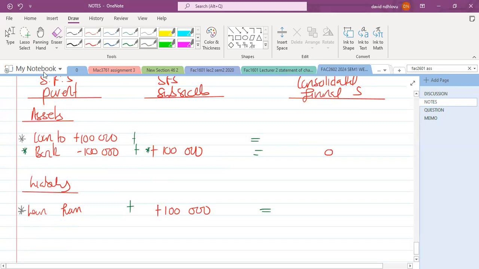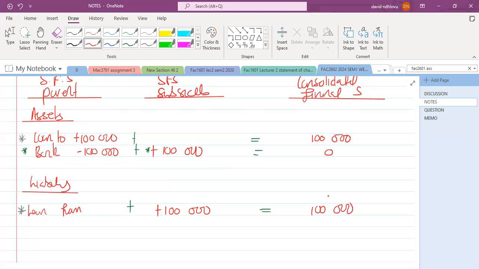Because if I just add here, I will then have 100,000 in the form of a loan to, and then I'll have also a loan from. We know that when we want to calculate the overall value of the entity, which is equity, equity is assets minus liabilities to determine the value of the company. This will ultimately cancel out, because to calculate value is assets minus liabilities.